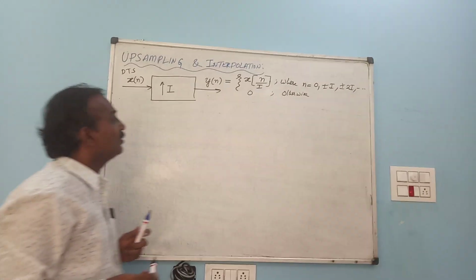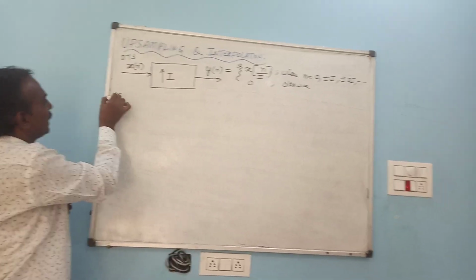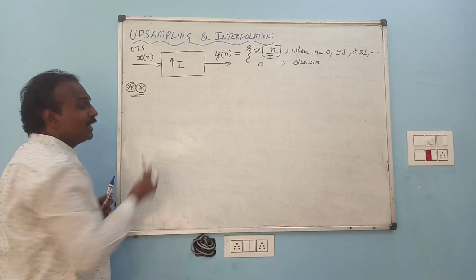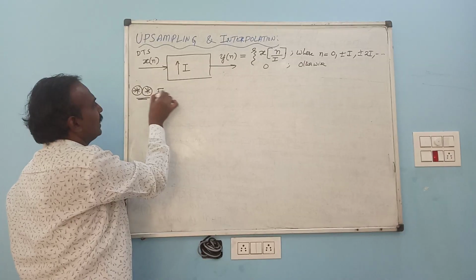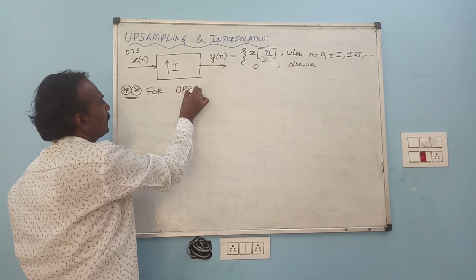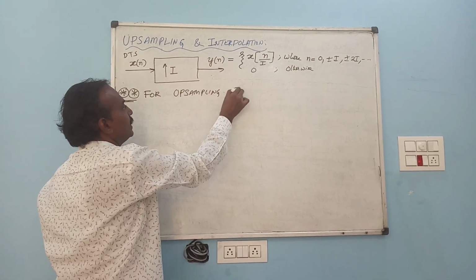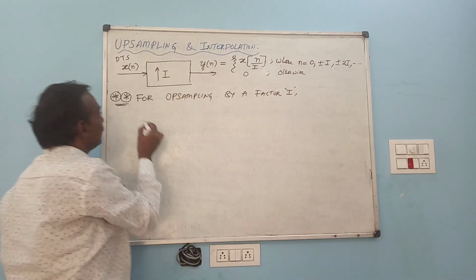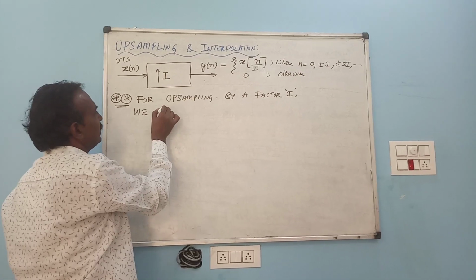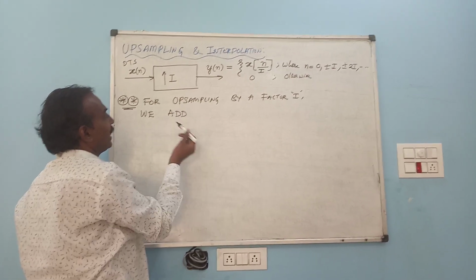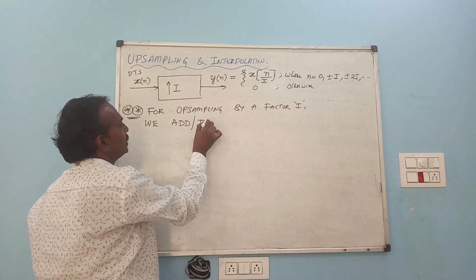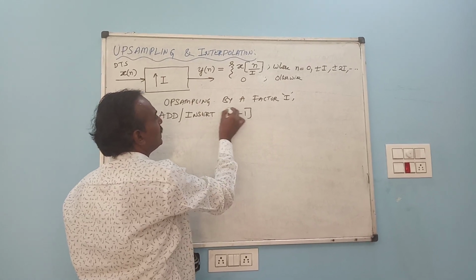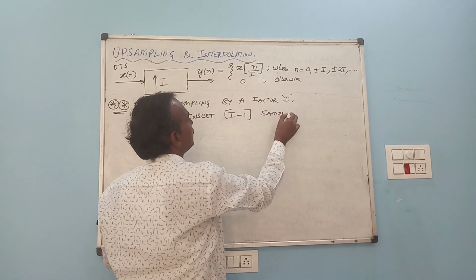Right? Now let us try to simply understand. For our understanding, the bullet point here is for upsampling by a factor I. For upsampling we add, or we insert, I minus 1 samples, or zeros.